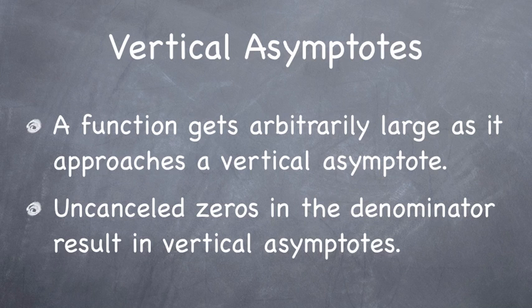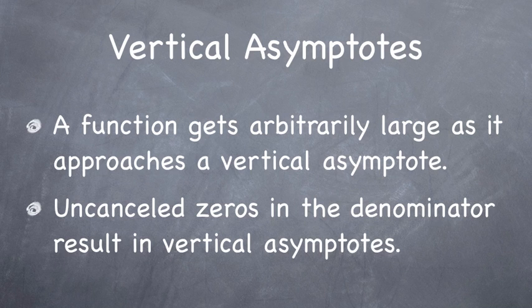In our rational functions, we're going to find the location of these vertical asymptotes by looking at zeros in the denominator. Remember, rational functions are the quotient of two polynomials. We look at wherever the bottom part is 0, and if it's not canceled with a similar term in the numerator, that's where we have a vertical asymptote.